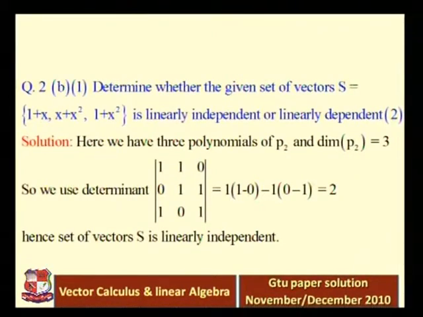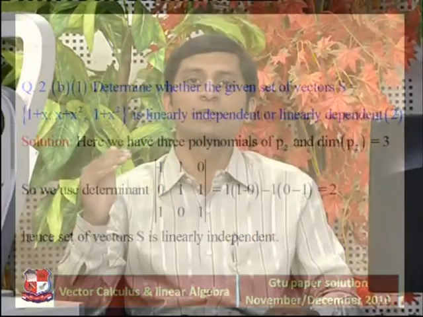The first row is the coefficient of the first polynomial, 1 plus x: constant term is 1, coefficient of x is 1, and coefficient of x square is 0, so the first row is 1 1 0. The second row comes from x plus x square, so that is 0 1 1. The third row comes from 1 plus x square, so that is 1 0 1.